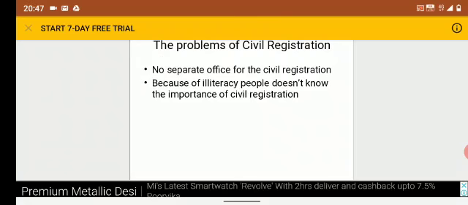Even for admission to schools, colleges, or universities, we need a civil registration certificate approved by law. Still, in India, where illiteracy is high, people do not understand its importance.